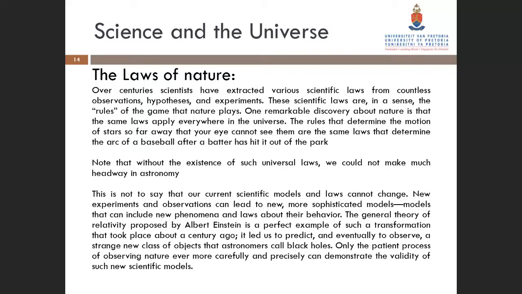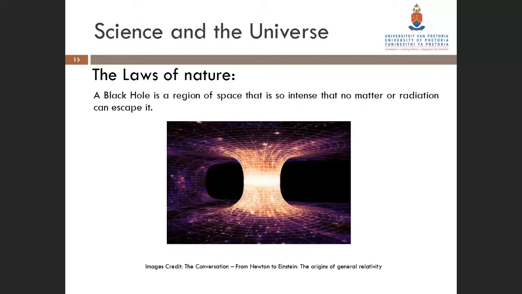So we're going to discuss how this is formed in later chapters, but yes, it's a dead star, more precisely a collapsed star. So, a black hole is a region of space that is so intense that no matter or radiation can escape it.